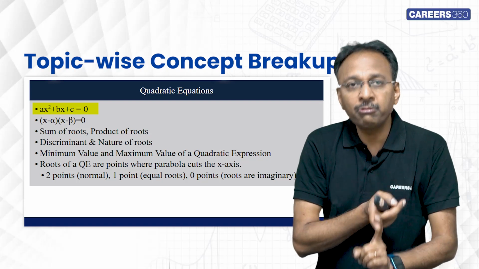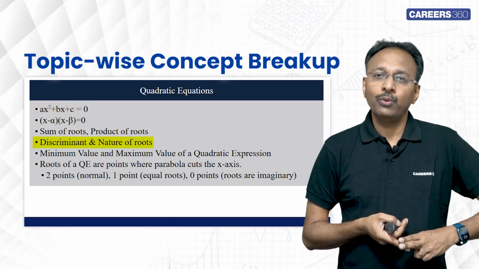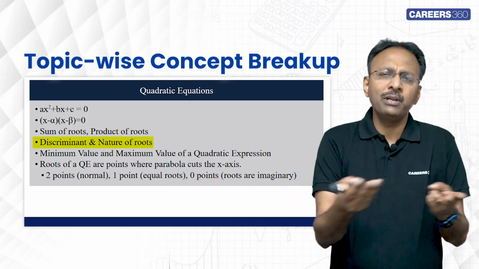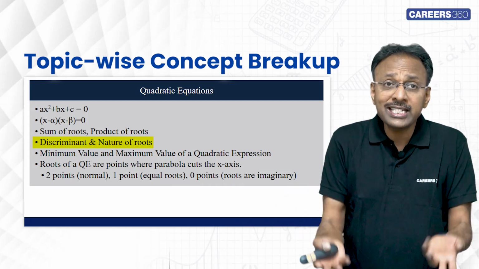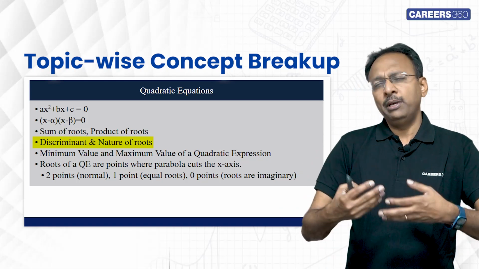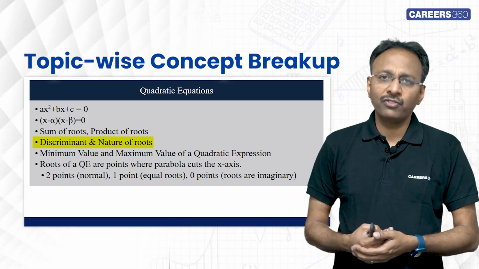That is concept 1. The second one is the discriminant of an expression, b square minus 4ac. If you understand that, it will be very easy for you to solve very standard problems and know the nature of the roots accordingly.